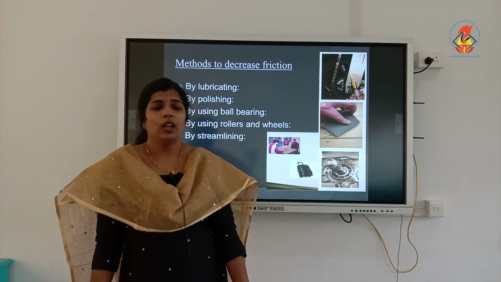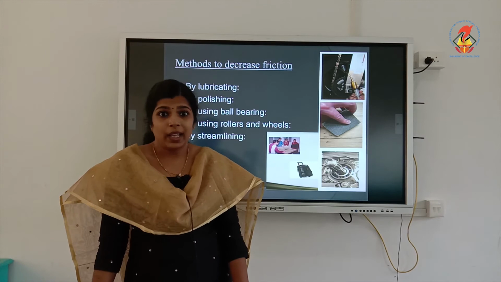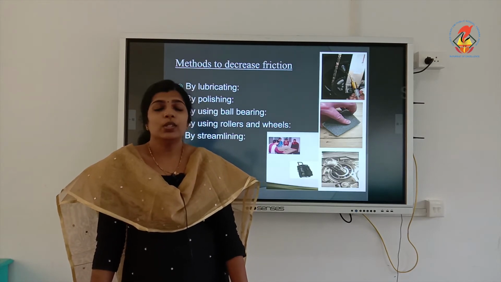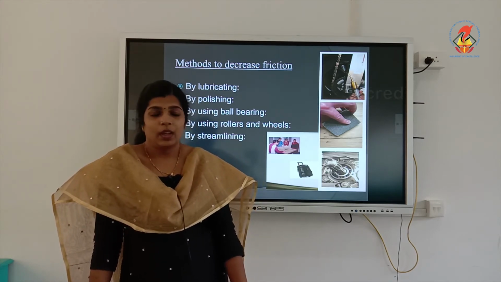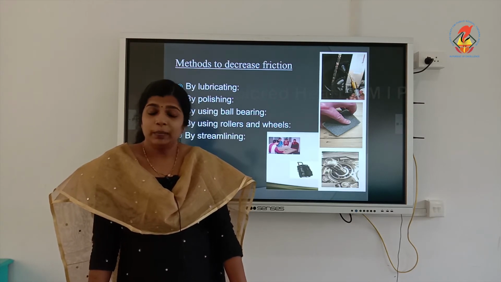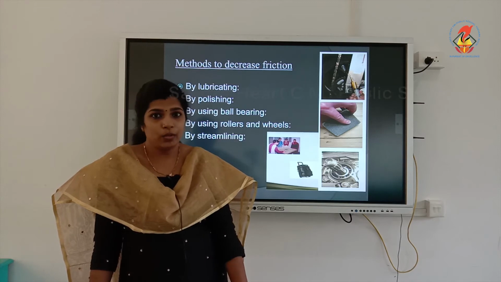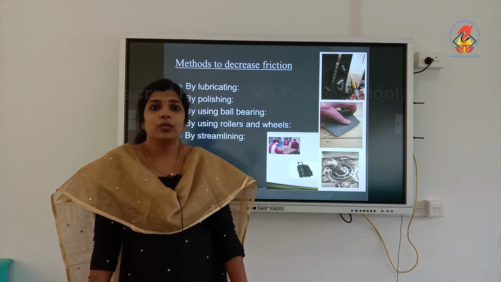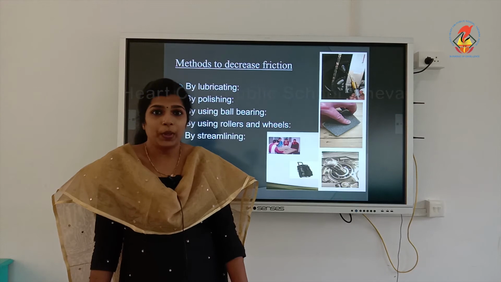In the same way, automobile mechanics use grease in order to reduce friction. We can't completely avoid it, but we can reduce it. So there we use grease as a lubricant.